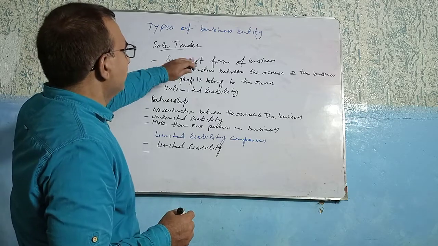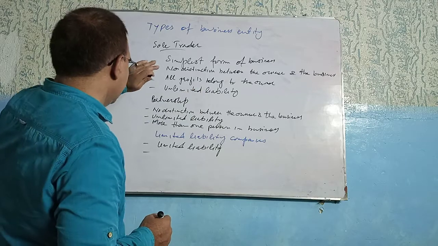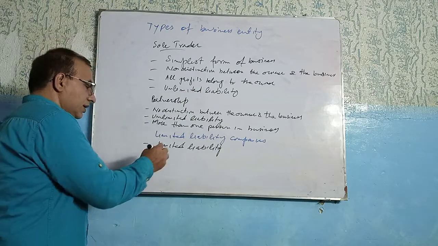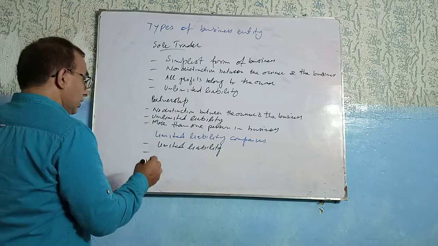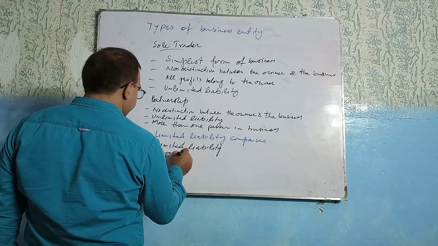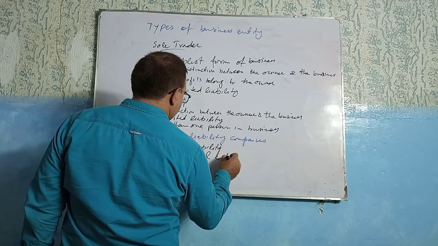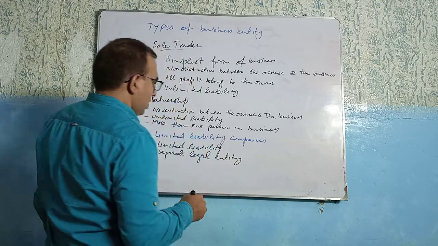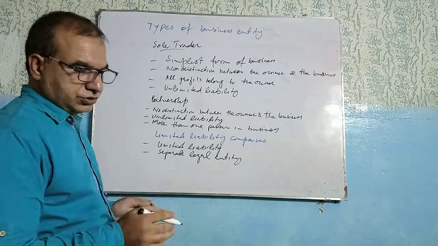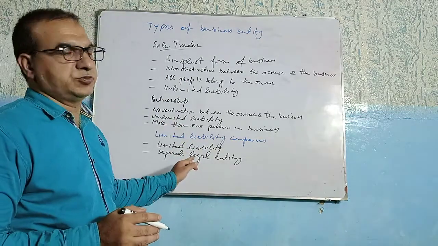In the other forms, the business and the owners are one and the same thing. But here we have a difference. A company is a separate legal entity. Whatever the company owes, even billions of dollars in loans, the company is responsible.